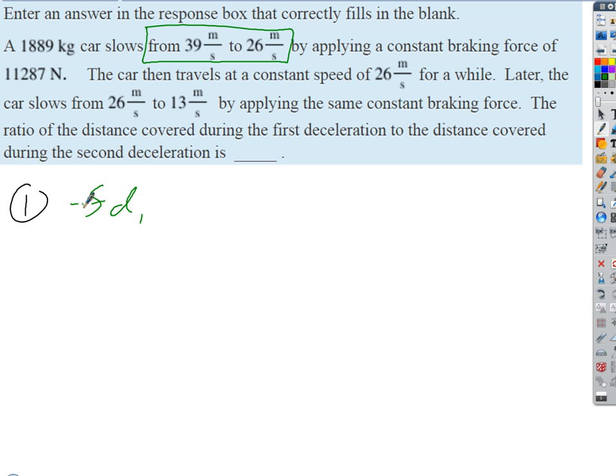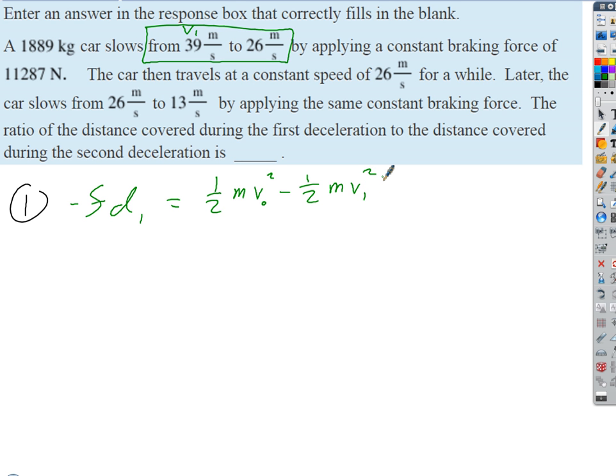Because the friction and displacement are in opposite directions. It is equal to the change in kinetic energy. So that's just going to be its final kinetic energy, which is 1/2 m v naught squared minus 1/2 m v, let's call this one V1, V1 is 39.